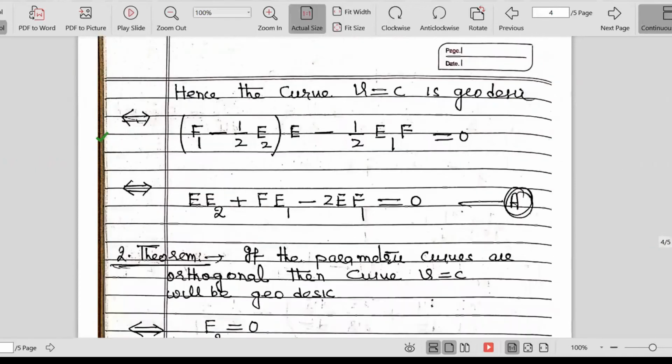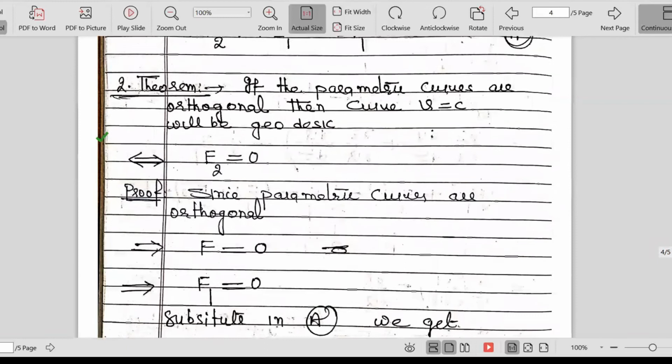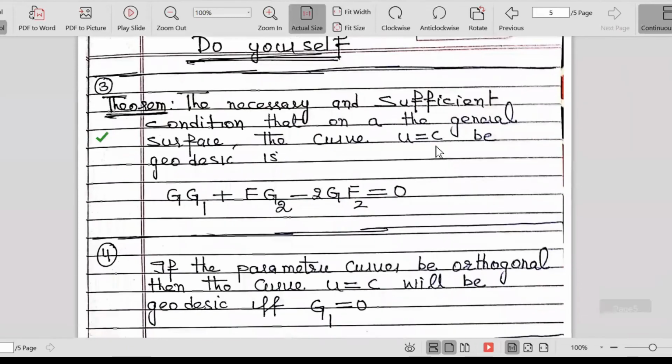On the same line, we can prove the result for the curve u equal to c. The necessary and sufficient condition that on a surface the curve u equal to c be a geodesic is G G1 plus F G2 minus 2G F2 equal to 0. On a similar line, we can find these relations.